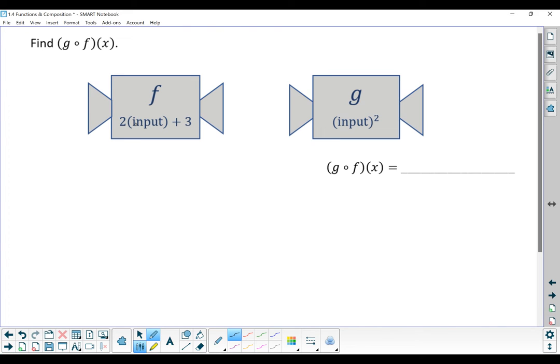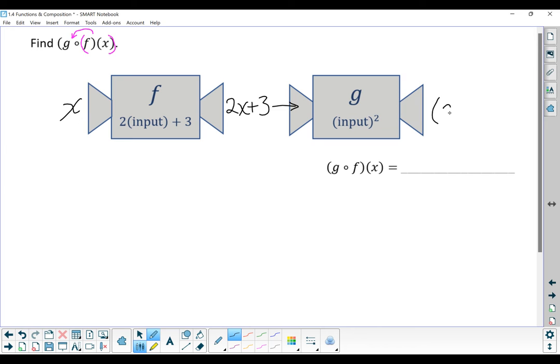So if I have this notation right here, g of f of x, that means f of x is being subbed into function g. So I kind of just think about function f of x, which would take something, double it, and add 3. And that f function is what I want to sub into function g.